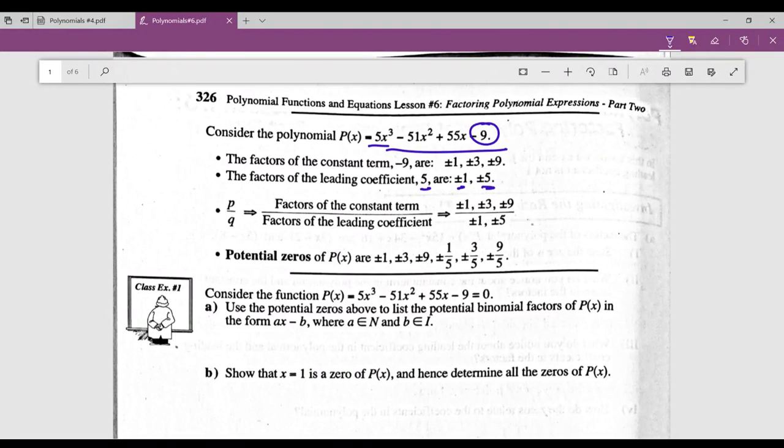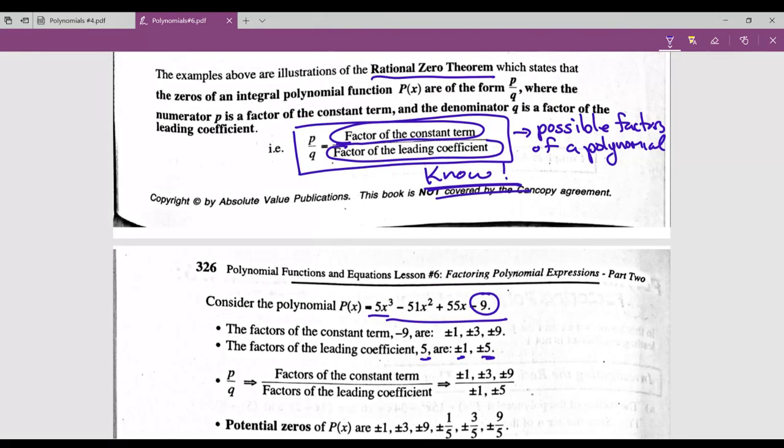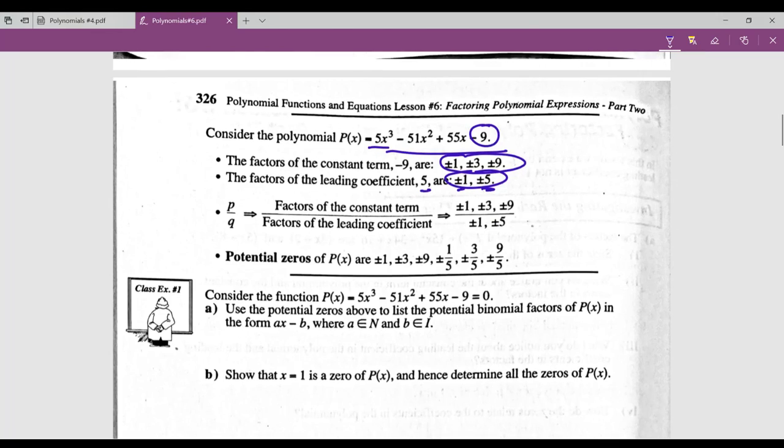And then the rational zero theorem, or what this thing up here says, is factors of the constant term divided by factors of the leading coefficient. P over Q, essentially. Okay. So then to get the potential zeros, you take each term in the numerator and divide it by each term in the denominator.